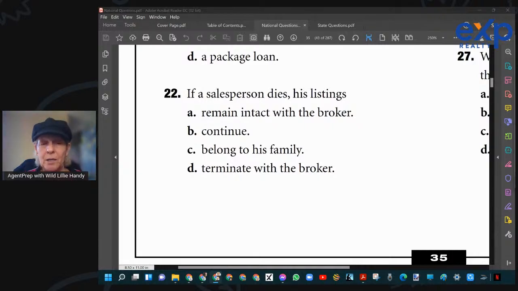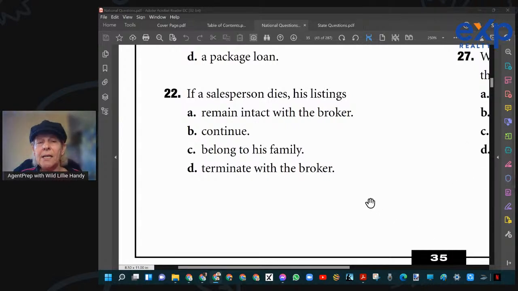They certainly don't belong to the family. And it doesn't just continue, right? Somebody else has to be put in charge. Yes, the answer is A. It remains intact with the broker.